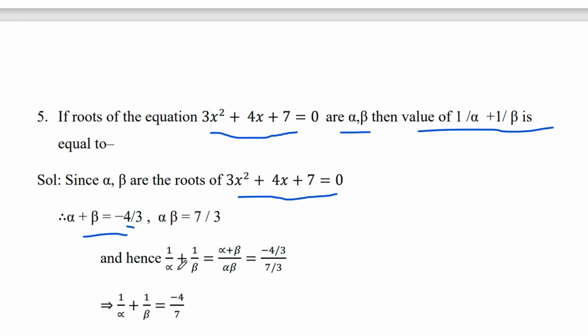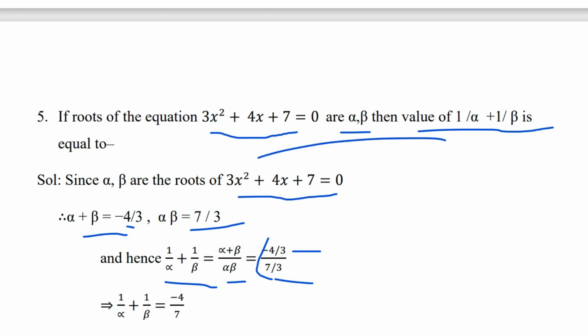Hence, just simply calculate 1 upon alpha plus 1 upon beta, that is alpha plus beta upon alpha beta, which comes out as minus 4 upon 3 by 7 upon 3. The value of this will be calculated as minus 4 upon 7. Hence, for this given equation, the value of 1 upon alpha plus 1 upon beta comes out as minus 4 by 7.